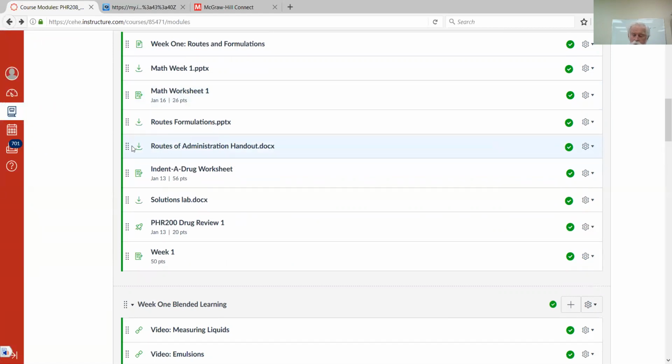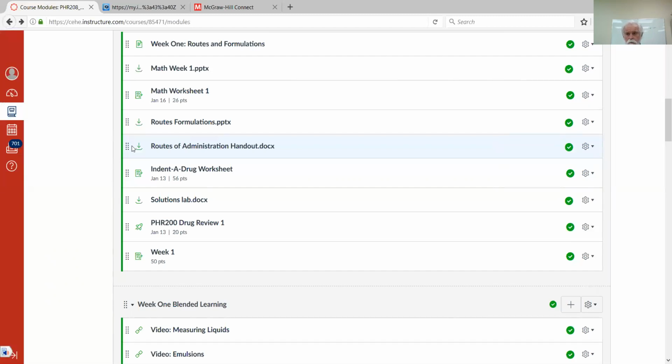There is no Connect work with this. Our textbook is not associated with McGraw-Hill. So we have the labs. This first week, we're going to be working with solutions. We'll do that on Wednesday. The second week, we have capsules, and the third week, we have ointments. We'll talk about routes and the relationship of the route of administration to the formulation of the drug.